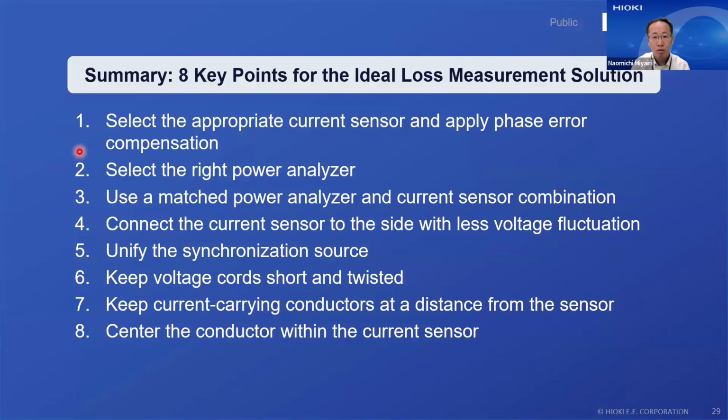Points 1 through 3 are about selecting the right equipment, choosing the appropriate current sensor and power analyzer, and ensuring they work together as a validated combination. Points 4 through 8 are about optimizing your measurement setup, from sensor placement and synchronization to minimizing noise and proper conductor positioning.